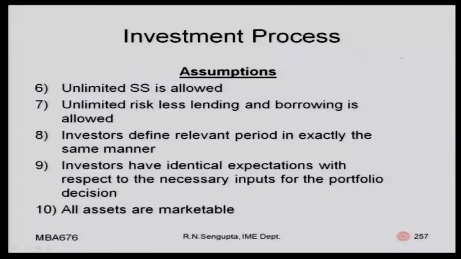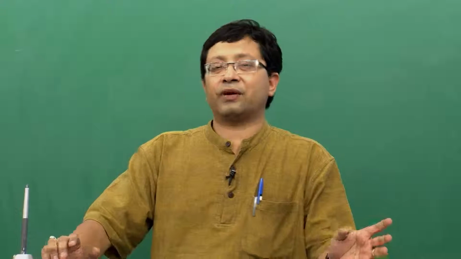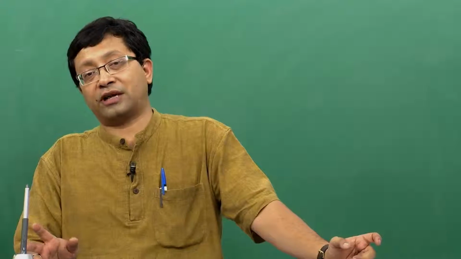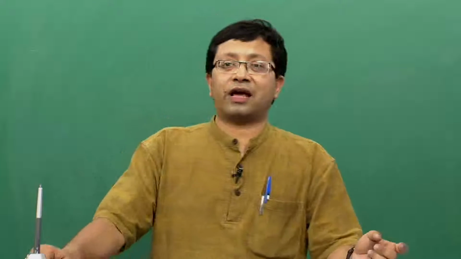And the last assumption is that all assets are marketable, in the sense that if there are particular assets I want to sell, I have the full liberty to sell them in the market so that I can optimize my portfolio accordingly. And if I short sell a particular asset, say Reliance, and try to buy another asset, Tata Motors, then Tata Motors is available for me to make my portfolio accordingly.